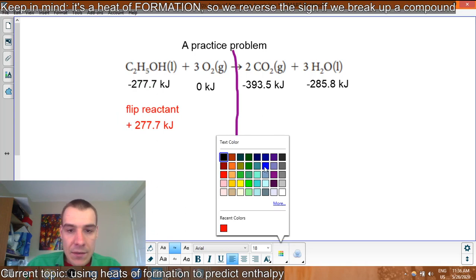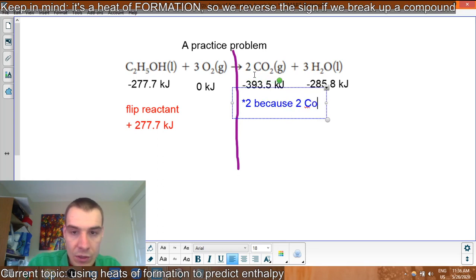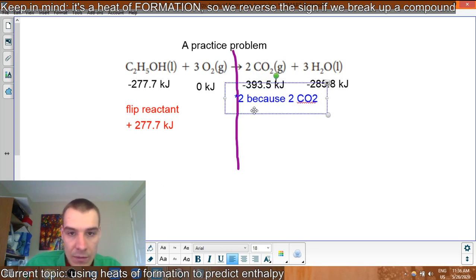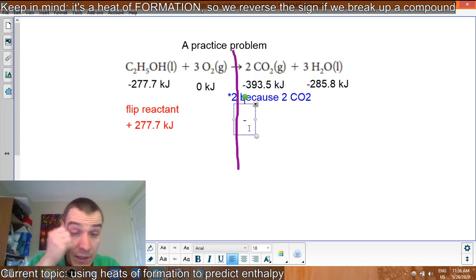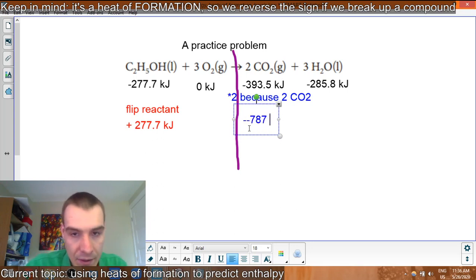This one here, the CO2, there's 2 of them, so times 2. So we're going to get minus whatever 393.5 times 2 is, minus 787 kilojoules, because there's 2 of them.